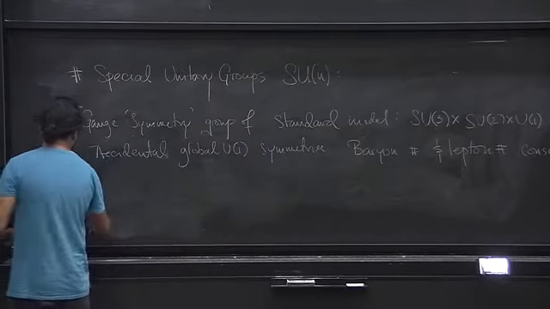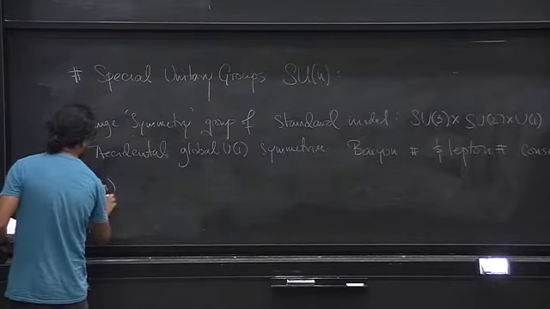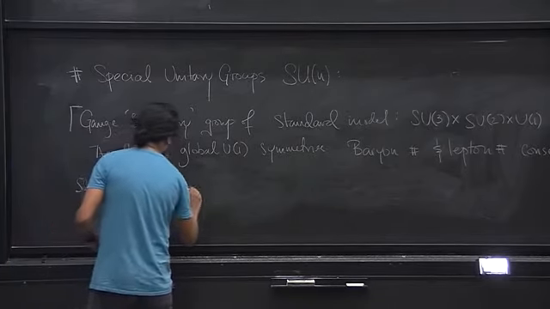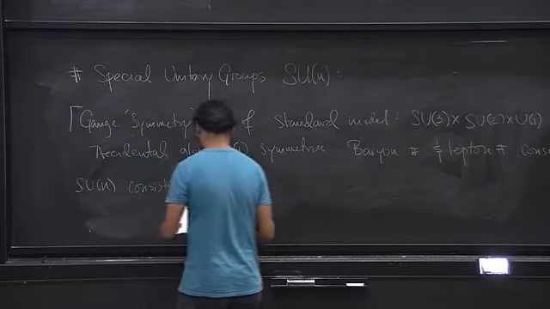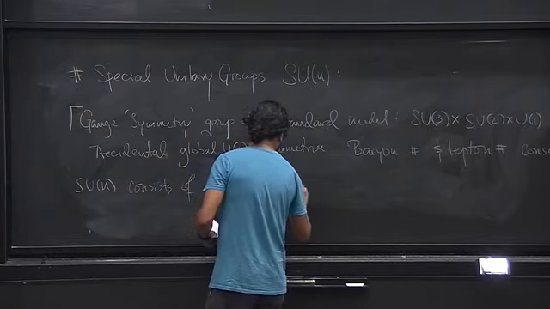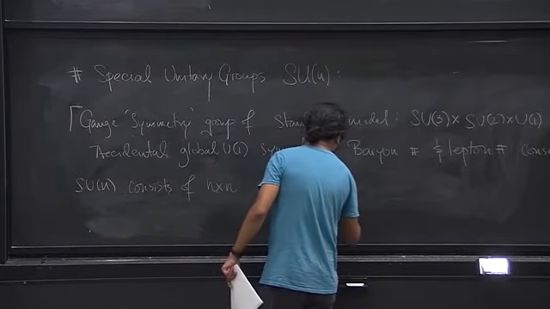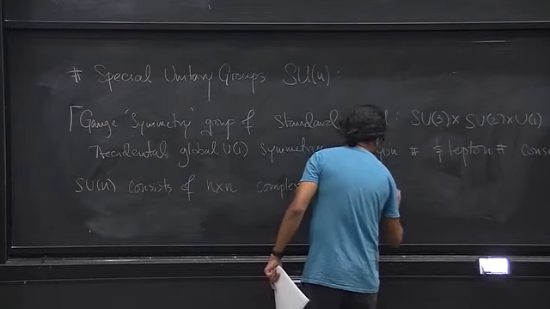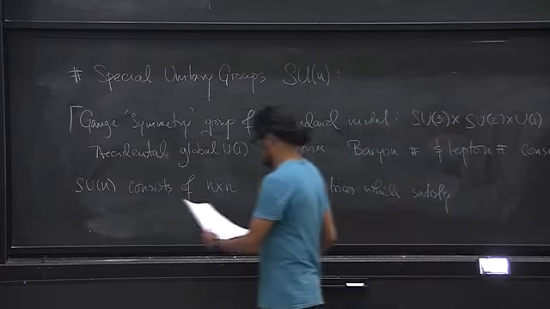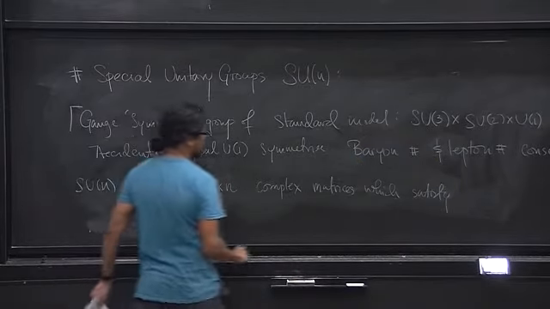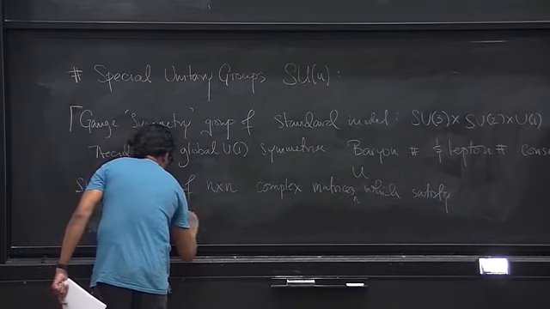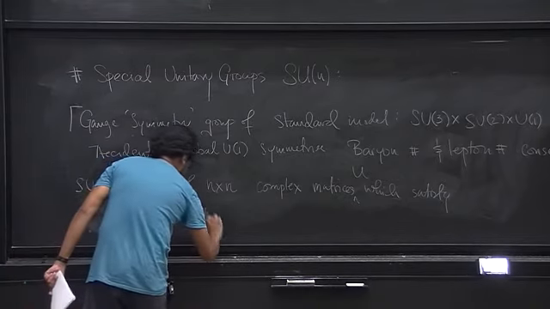SUN, let me be consistent, consists of n by n complex matrices, say U, which satisfy that the Hermitian conjugate of U is the same as the inverse.